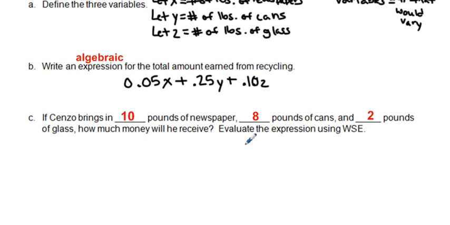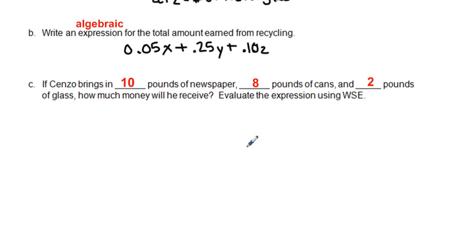So now, if Chenzo brings in 10 pounds of newspaper, 8 pounds of cans, and 2 pounds of glass, how much money will he receive? Evaluate the expression. So I have my expression above, and I'm going to use that in my work. I have a nickel plus a quarter plus a dime.